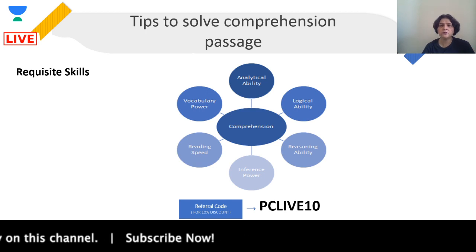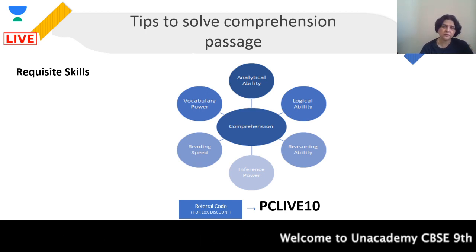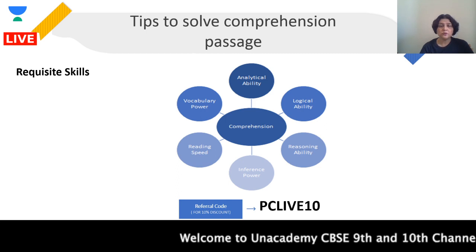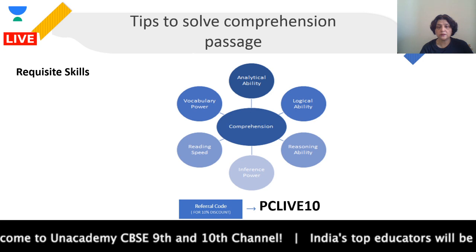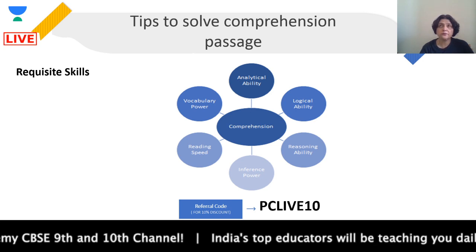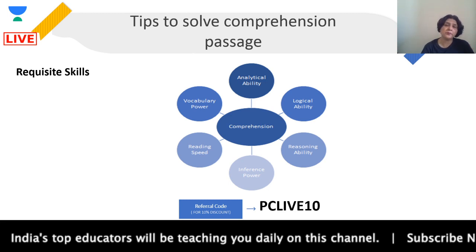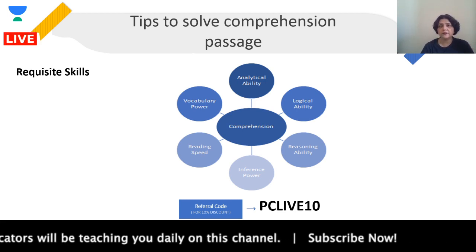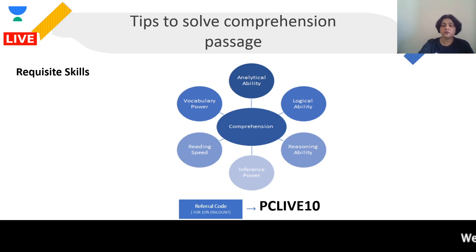There is absolutely no creativity. So if you have good vocabulary power, analytical ability, logical ability and understanding of the implicit meanings, then you should be able to solve a comprehension passage in a very nice way. That is, you should strive to score well through these skills.